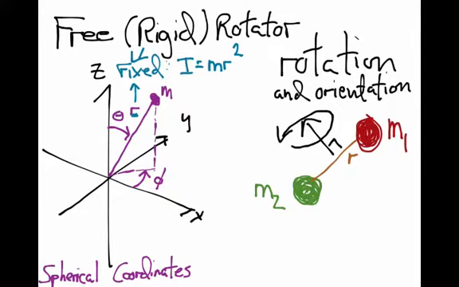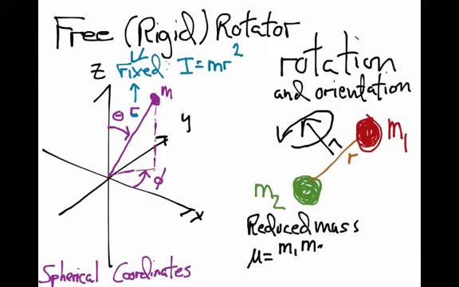Now, the mass 1 and mass 2 are not the same as one mass sticking out at the end of a fixed length r. Those are slightly different problems, and it turns out that we can express the mass in terms of a thing that we call a reduced mass. We're going to derive this a little more in a couple of lectures, but it's a good place to start introducing it.